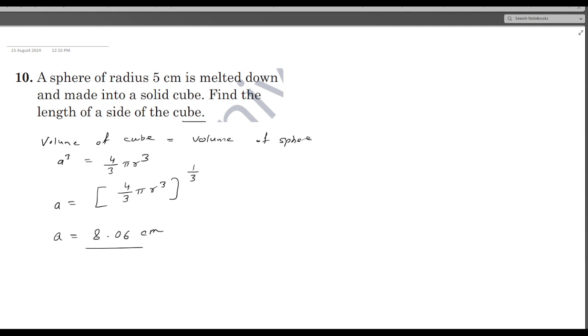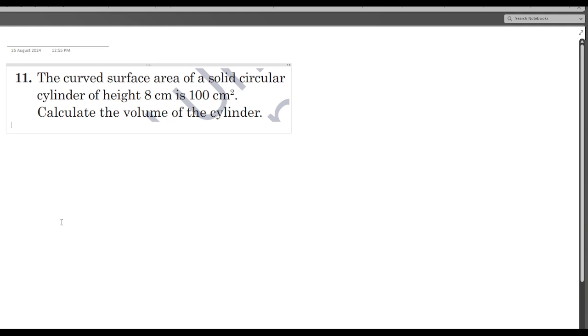Question number 11. The curved surface area of the solid circular cylinder of height 8 centimeter is 100 centimeter square. Curved surface area, the formula is 2 pi r h, which is given as 100.